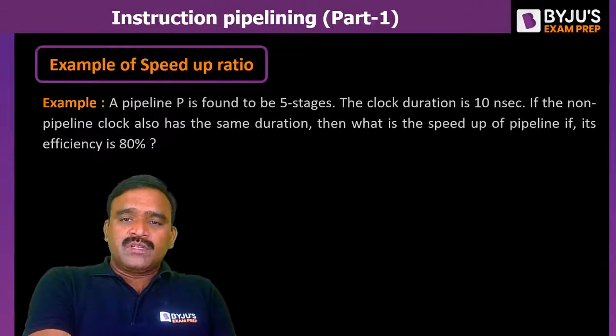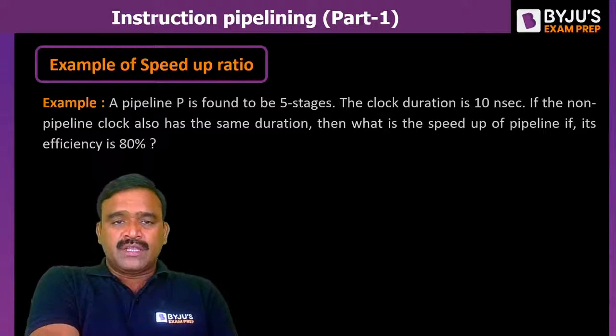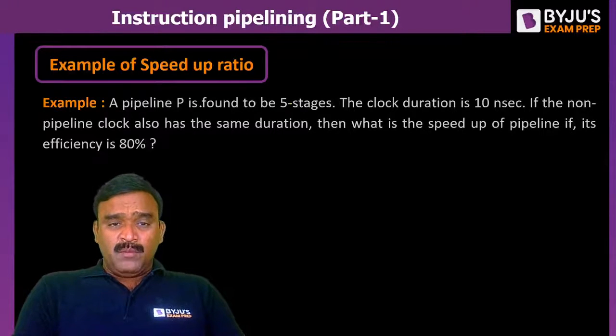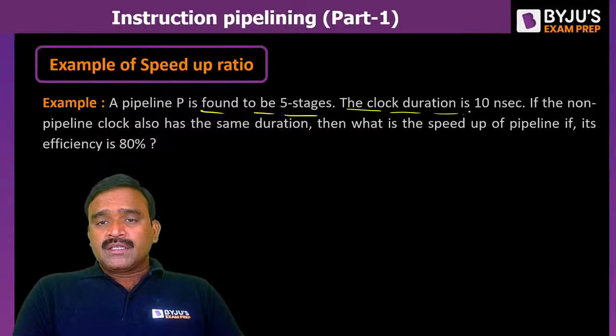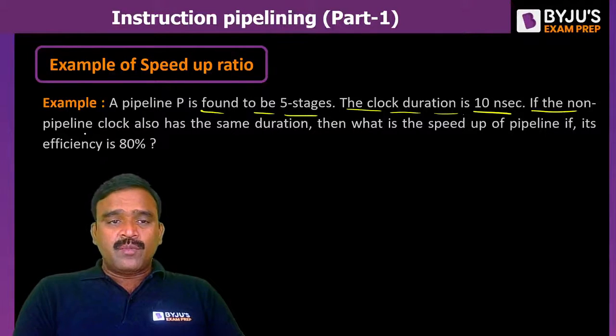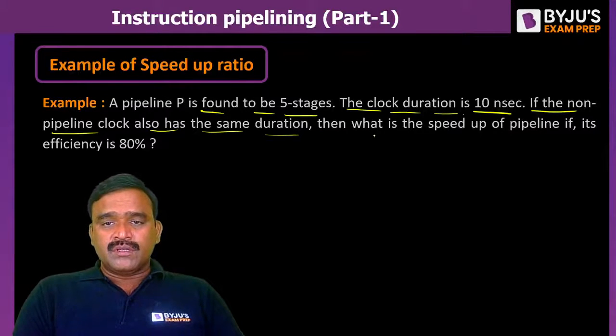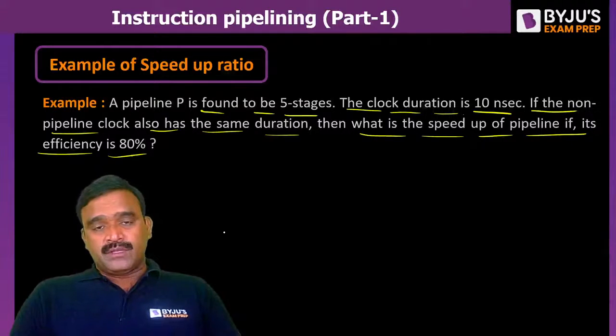Let's continue with another example of speed up ratio. A pipeline P is found to have 5 stages. The clock cycle duration is 10 nanoseconds. If the non-pipelining clock also has the same duration, then what is the speed up of the pipeline if its efficiency is 80%?